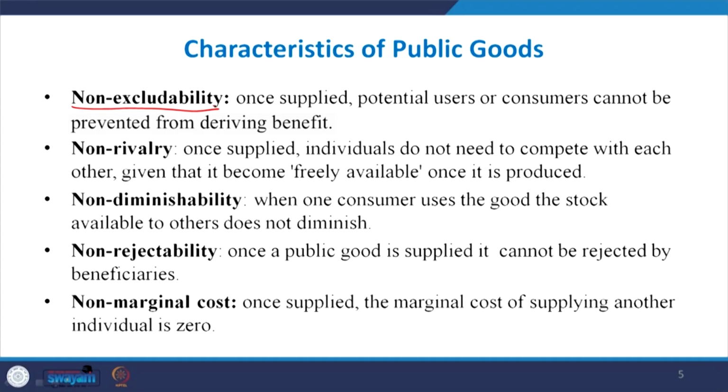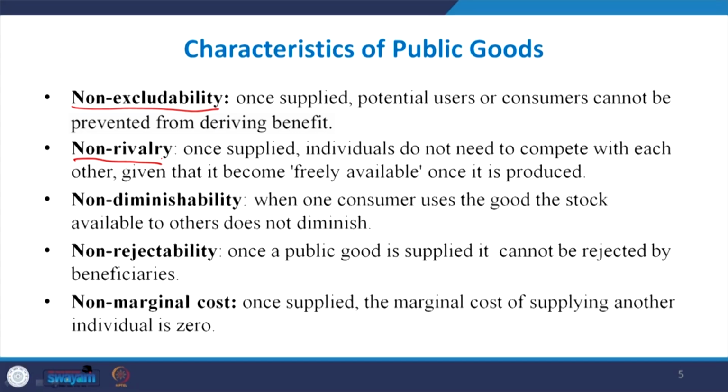Public goods are also non-rival. Non-rival means once these products are supplied in the market, individuals do not need to compete with each other to consume these kinds of products. So, they are freely available once they are produced. So, the consumption of public goods may be considered non-rival.